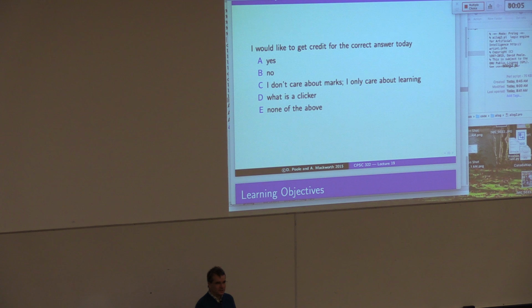All right, let's do a clicker question. I couldn't think of any good questions, so I just thought I'd let everyone get a mark if they wanted one. I told people to be worth something, so see if you can pick the right answer. I'll wait till there's 100.